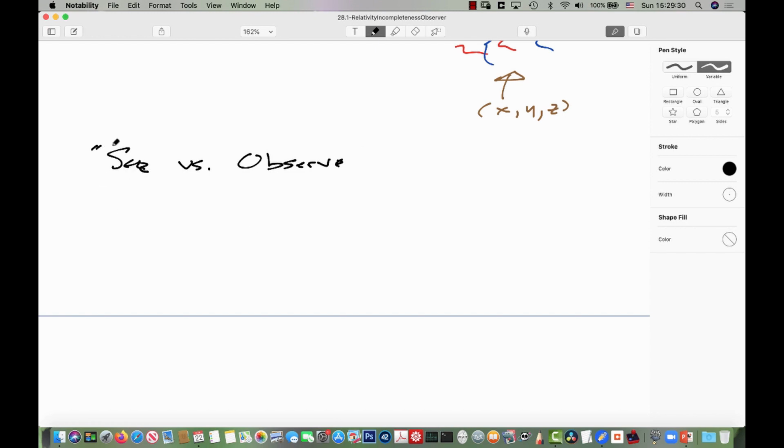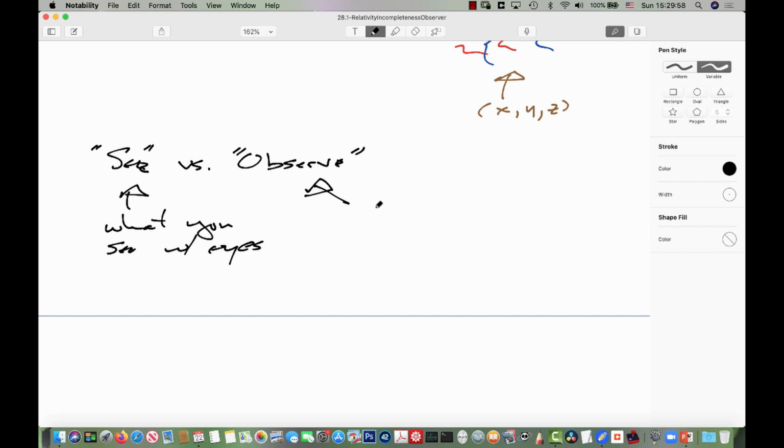See means what you see with your eyes. And by eyes here, I'm extending this to allow for whatever sort of hyper sophisticated recording equipment we might need to see things happening at a very fast rate.